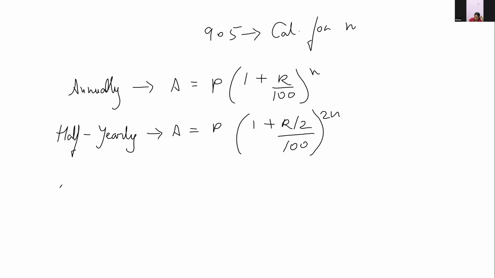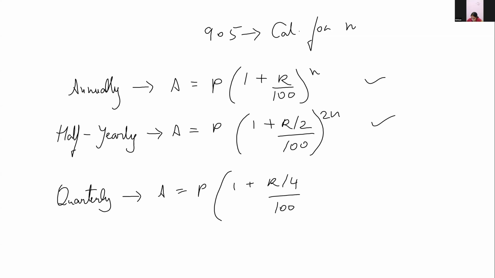And then we have quarterly. Same, but it is R by 4 and 4n. So Abraham, if it is compounded half yearly or quarterly, you just make this change in the formula and you will get the answer.